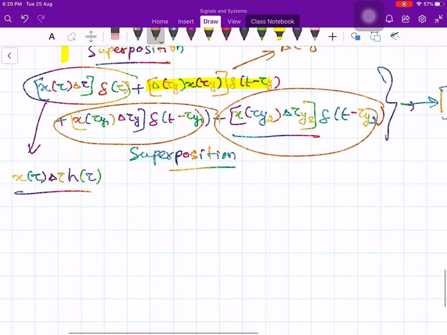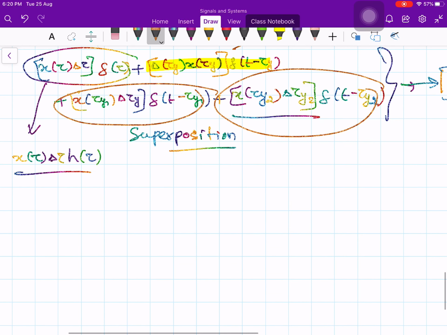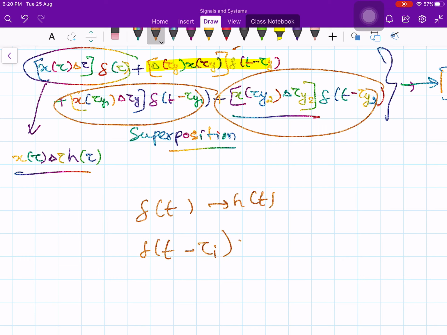So that is what we said. That is, if del of t gives rise to a response h of t, then any impulse which is displaced by a certain time interval, like del of t minus tau i, also gives rise to an impulse response h of t minus tau i.